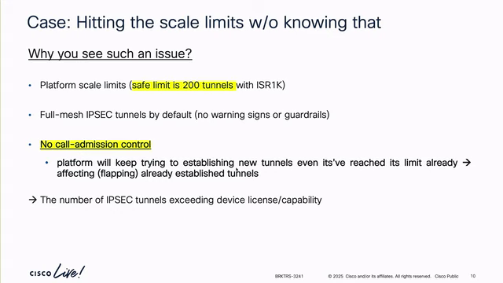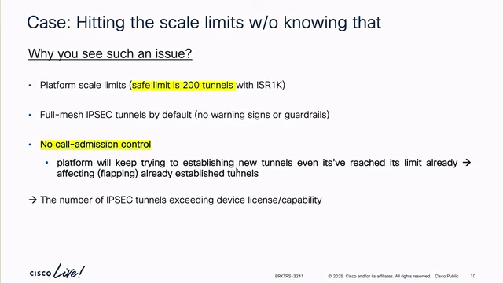And the most important part: what you would expect is, okay, I have a hard limit inside my box, which should not allow me to establish more than 200 tunnels per device. My expectation is that once I've reached that limit, I will just no longer be able to establish new tunnels. But that's not the case. This is not how it works. The way it works in reality, whenever a device reaches its limit, it will still try to establish new tunnels, affecting previously established tunnels.